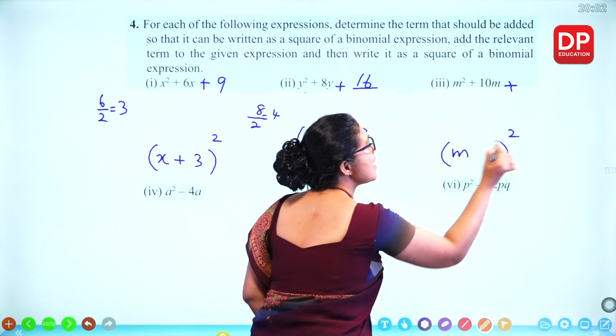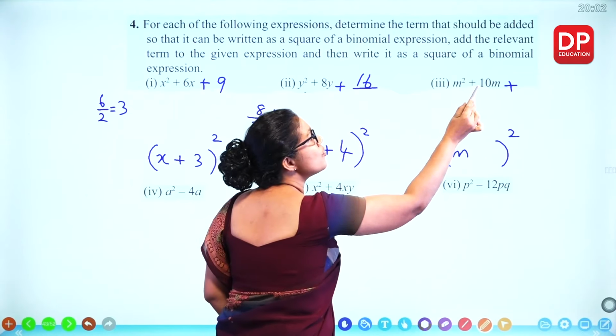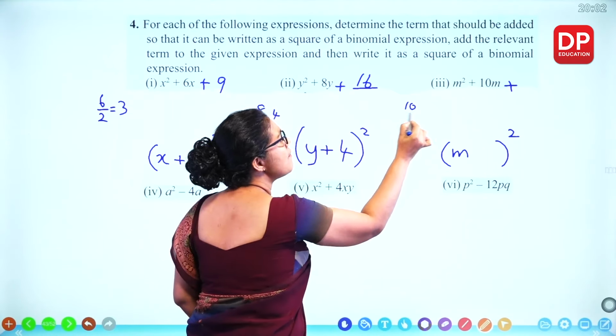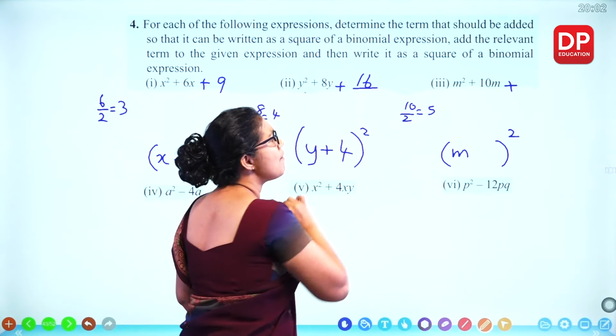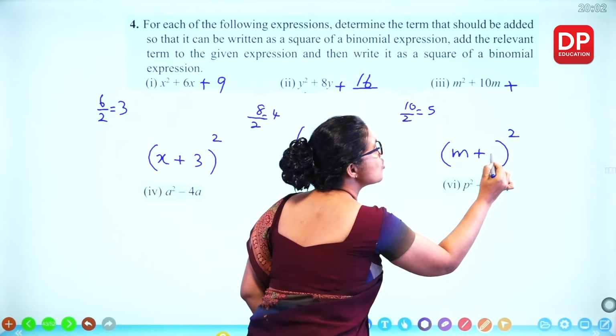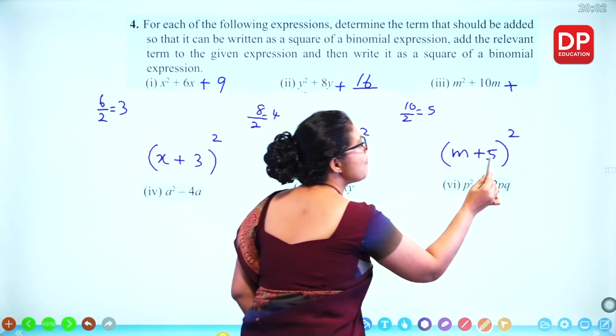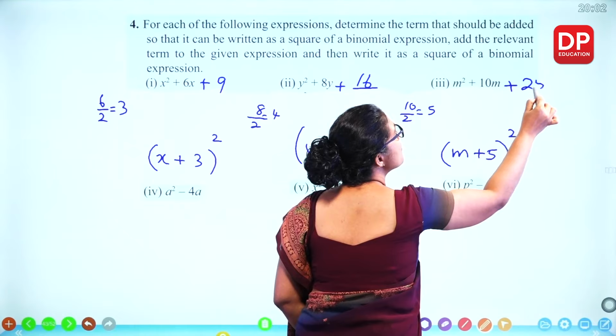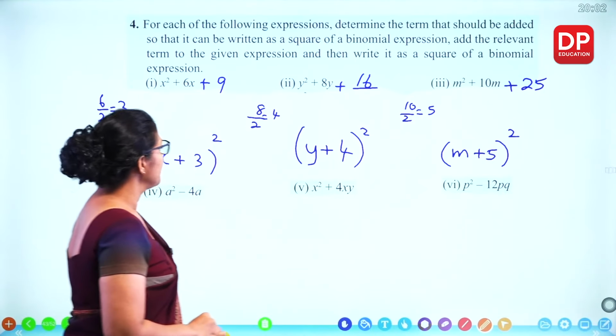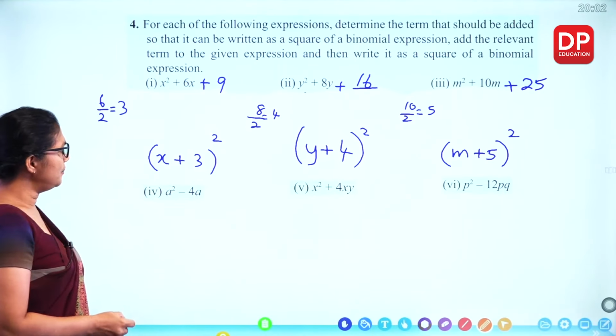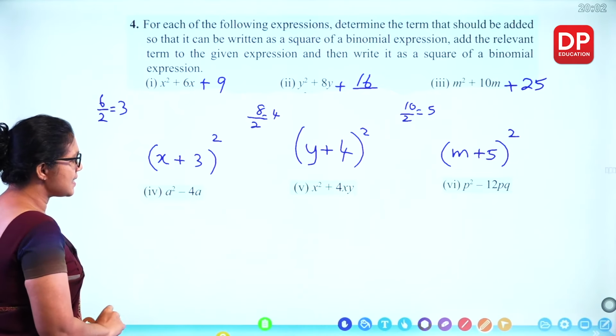What is the last number? So you divide by 2. 10 divided by 2 becomes 5. So the last number should be plus 5. Now how do you get the last number? 5 squared becomes 25.